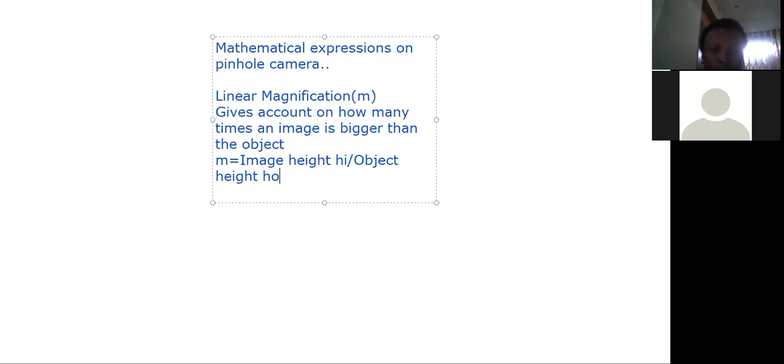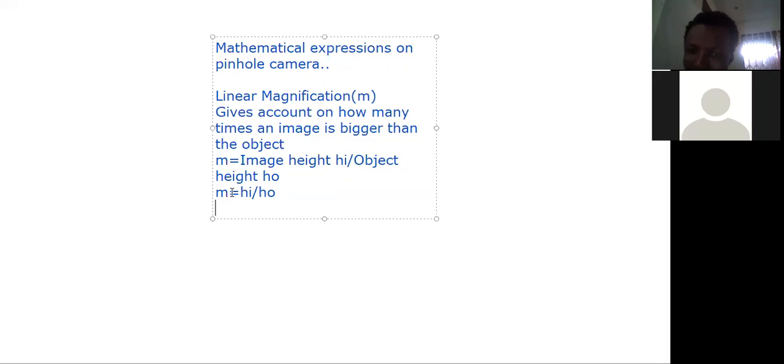So magnification is given by h subscript i all over h naught.